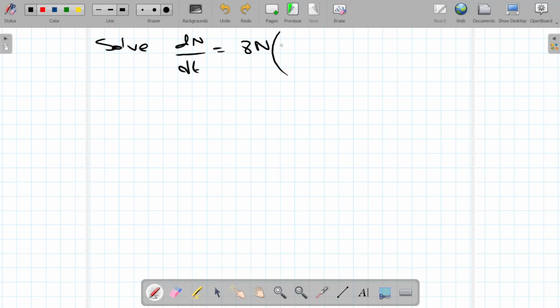And in the brackets, we've got 1 minus n over 2, close brackets, and then we're subtracting 3. So this might be like migration. There might be 3 people migrating out of the geographical area. I mean, that's just an example.